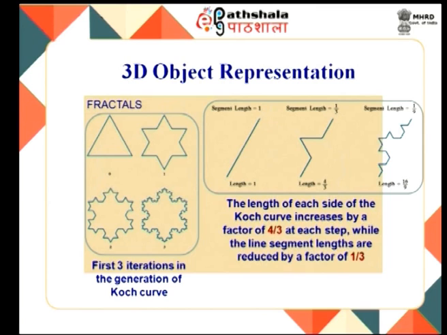What you can do is take an initiator and a generator. The initiator is some initial shape like a triangle. The generator replaces every straight line in the initial shape: divide it into three parts and replace the middle part with a spike, whose edges have the same length as the other parts we made.